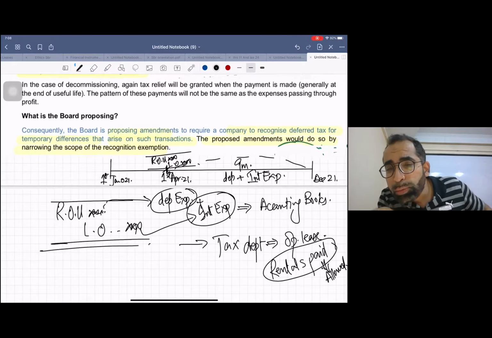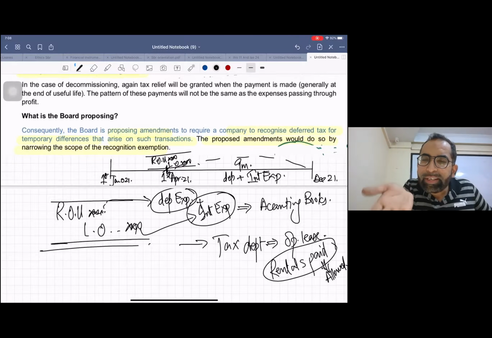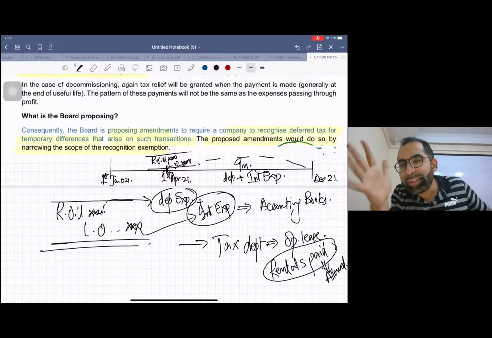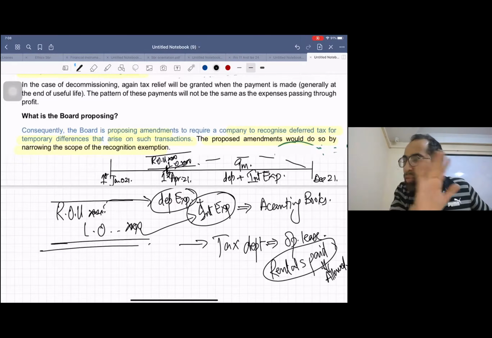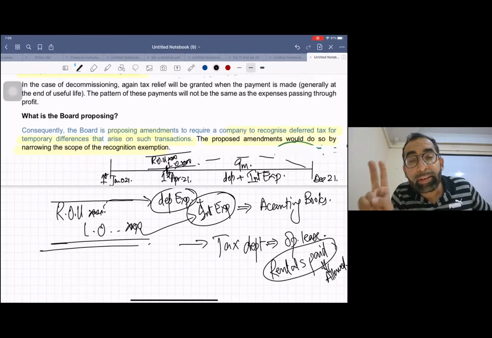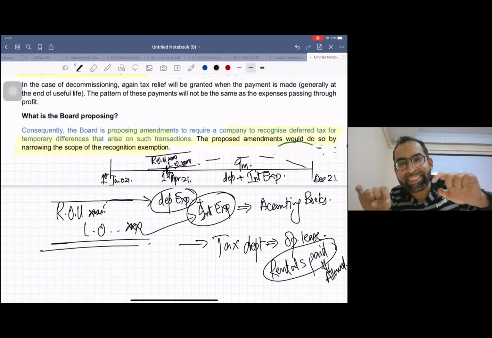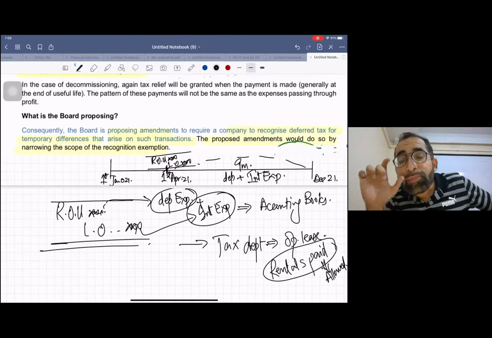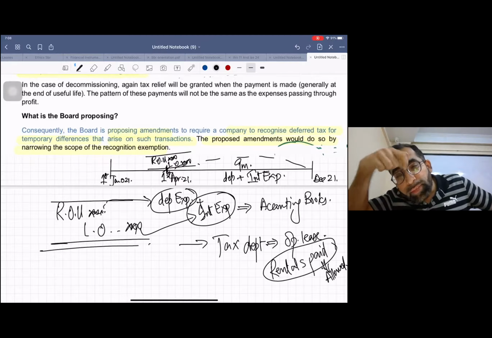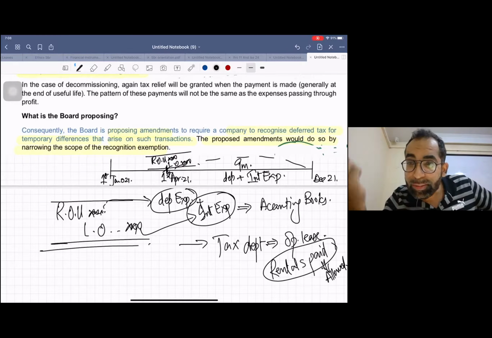So when you go to the tax department with this depreciation and interest, they say, no, we don't accept this finance lease accounting, we don't recognize these things, and we don't allow depreciation and interest. So they won't allow anything now. But they will say, listen, next year we will give you relief when you pay the rentals.